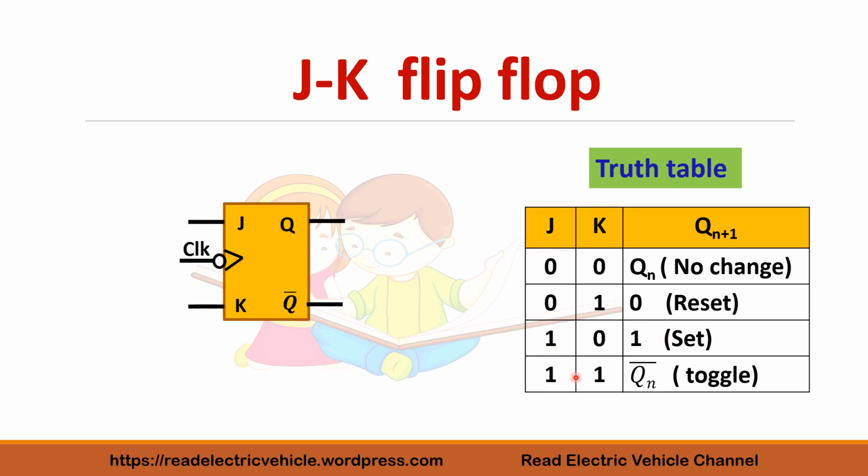When both J and K are 1, the output will toggle. That is, if it is 0, the next state will be 1, and if it is 1, the next state becomes 0. You should remember the truth table of all the flip-flops so that you can design the counter. This feature, toggling when both J and K are 1, will be widely used in the JK flip-flop.